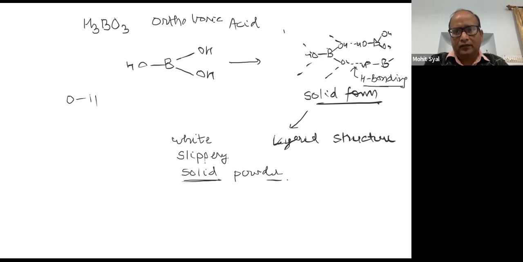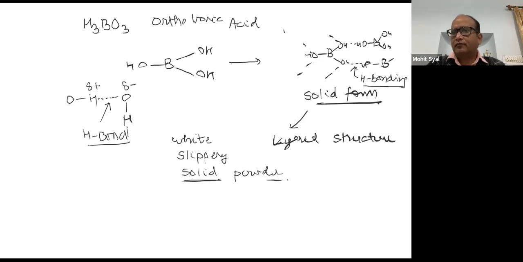The hydrogen of OH is getting attracted towards the negative charge of oxygen, and this is known as a hydrogen bond, right? So in solid boric acid, these units form a layered kind of structure because they join together by hydrogen bonding. Clear? Is it clear, Fatima? Any doubt in this? No, sir.